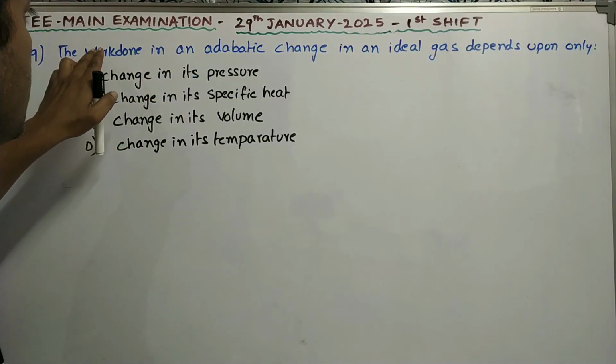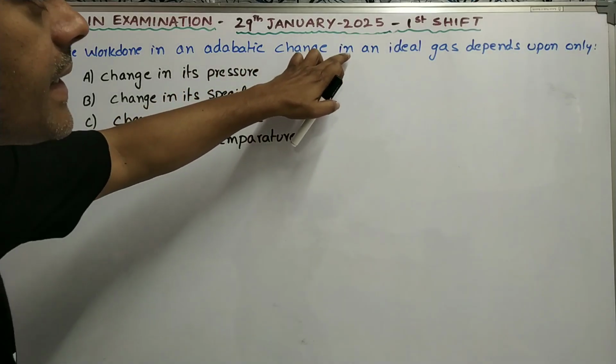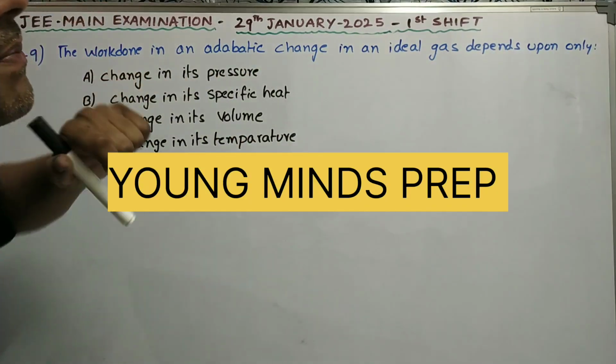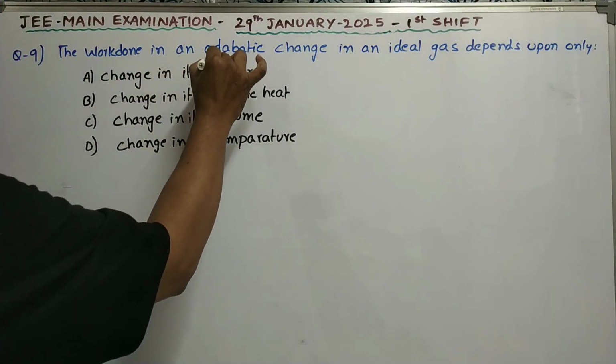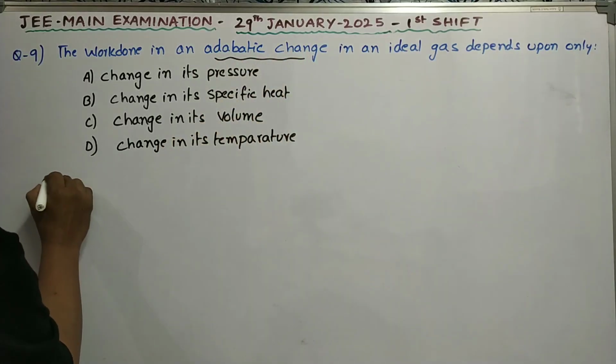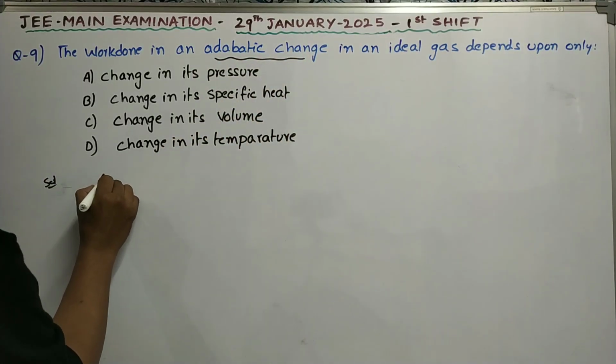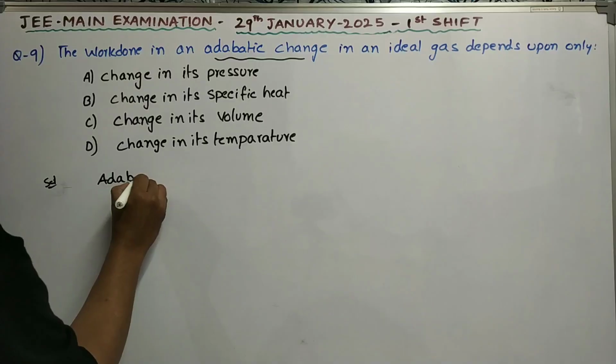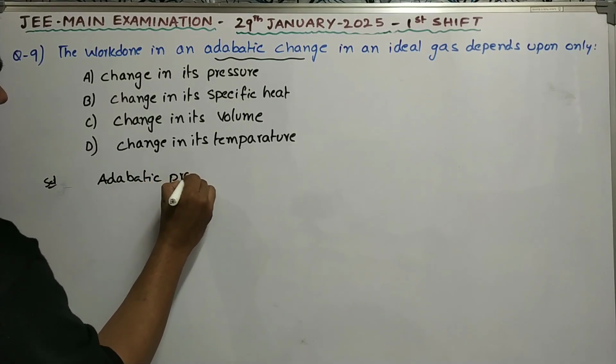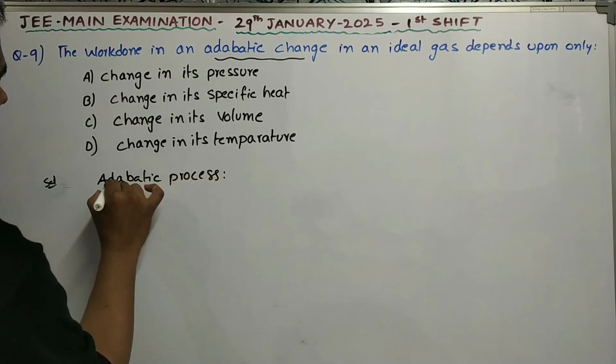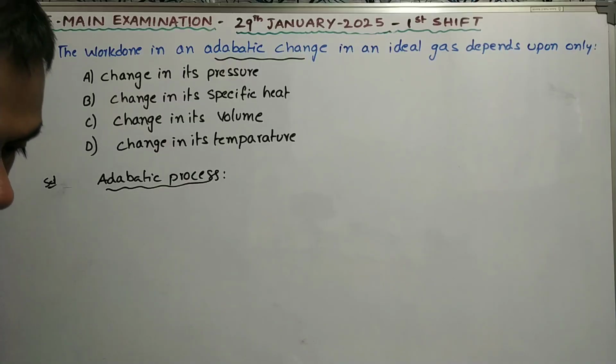The ninth question: the work done in an adiabatic change in an ideal gas depends only on what? Work done in an adiabatic change is given. What is an adiabatic process?